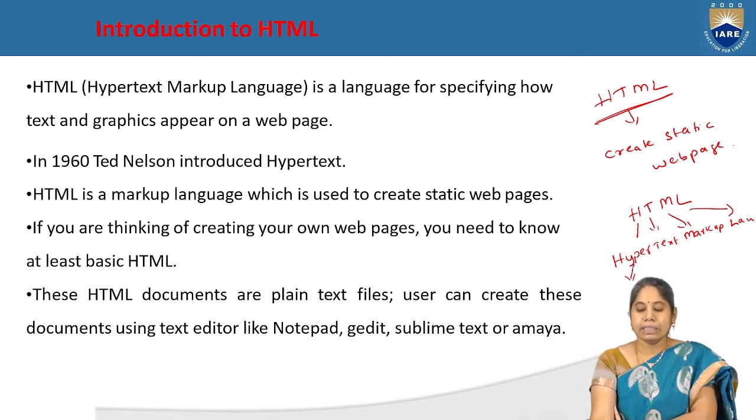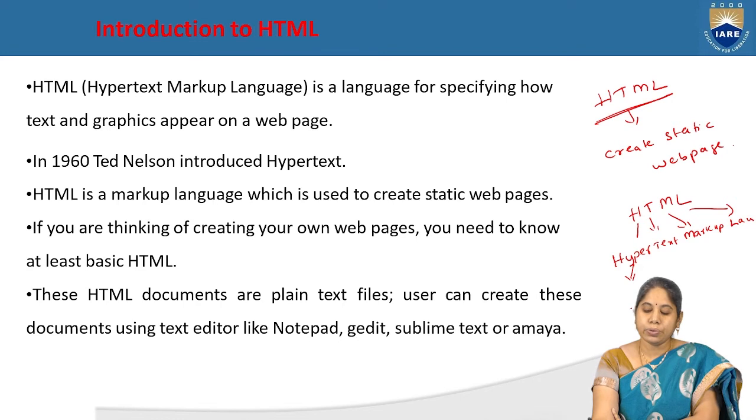Hyper is nothing but links, which give cross-references between web pages, links from one web page to another web page. Text is nothing but a structured document.